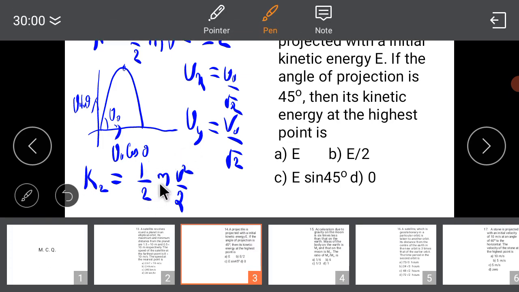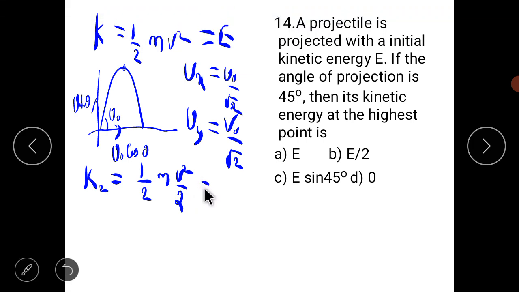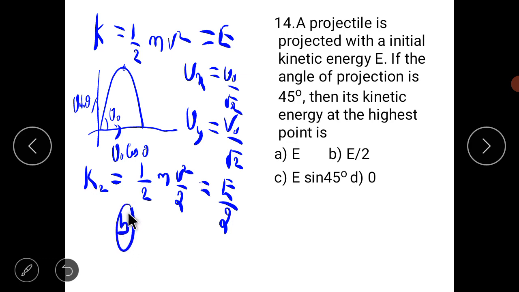It is half mv square is the initial kinetic energy, we can call it E, and one more term is remaining in the denominator, that is 2, so we can write it divided by 2. Therefore the kinetic energy at the highest point is E divided by 2. So option B is the correct one.